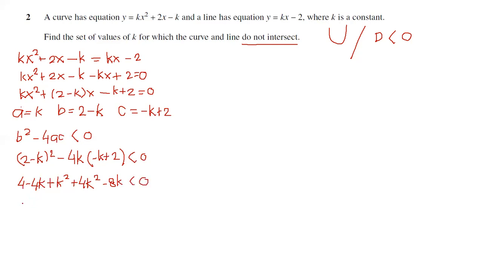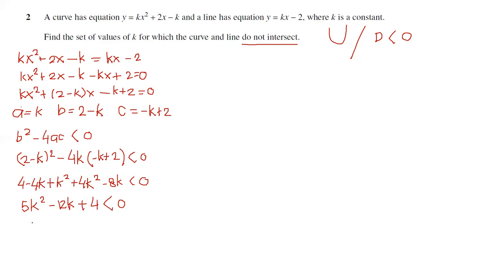And it becomes 5k squared minus 12k plus 4 less than 0.